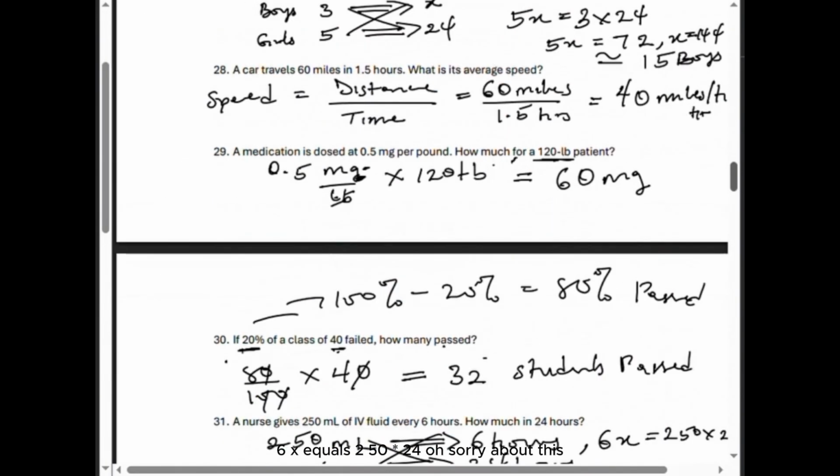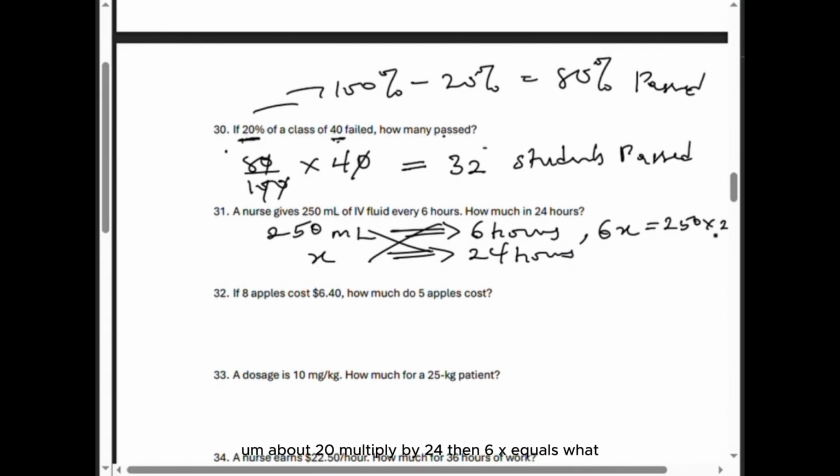Oh, sorry about this. 250 multiplied by 24, then 6x equals what?